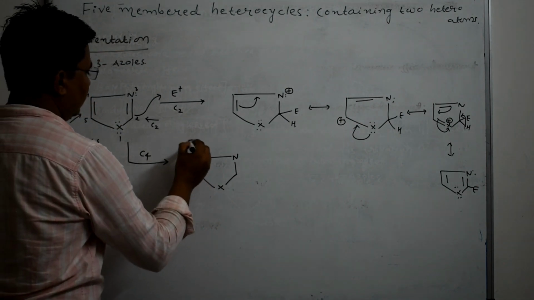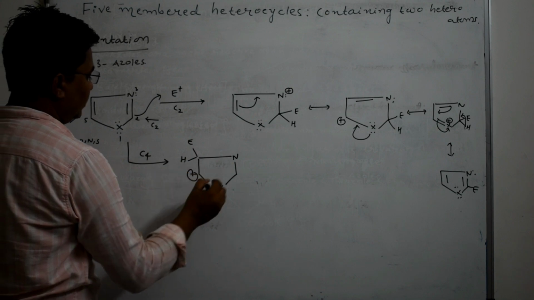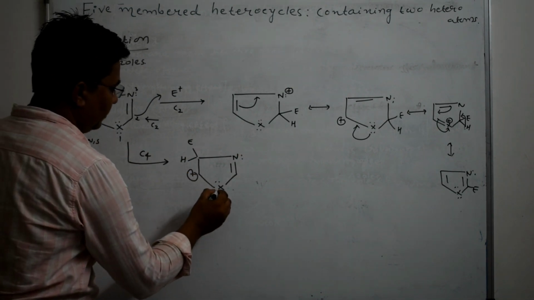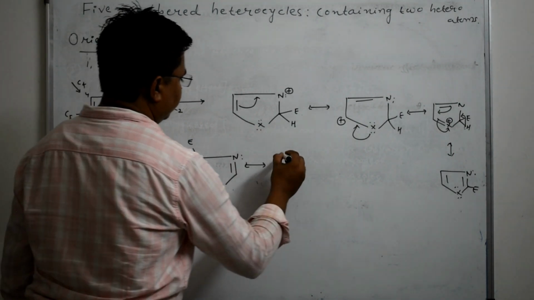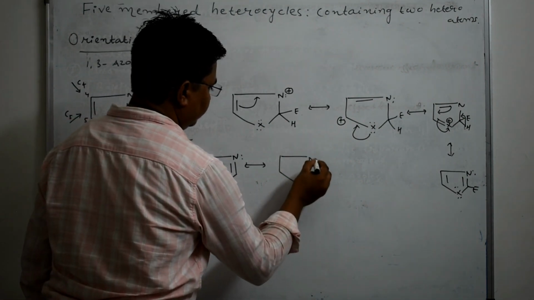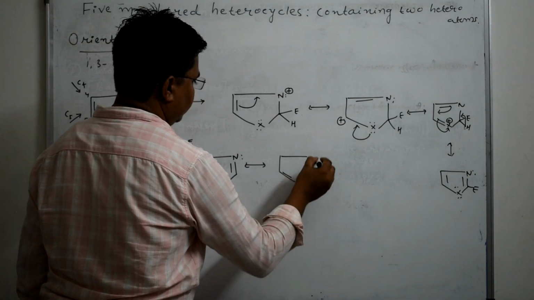So here E, here it will be H. This will become positive charge. So this charge will be transferred over here. So your X will become positive charge.